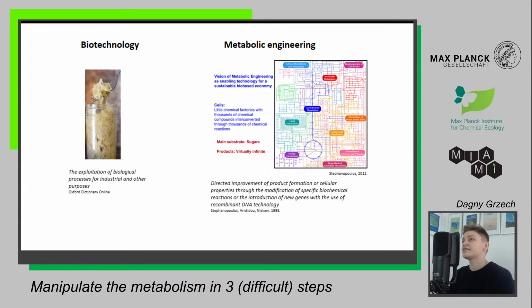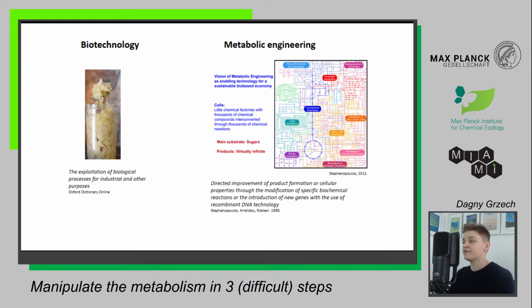Then we have this other area called metabolic engineering, and I think this is a bit of a hot word. So this area has emerged in the late 80s, early 90s. And it is defined as the improvement of product formation or cellular properties through the modification of specific biochemical reactions or the introduction of new genes with the use of recombinant DNA technology.